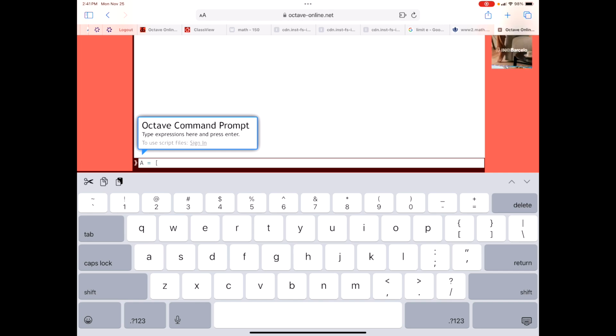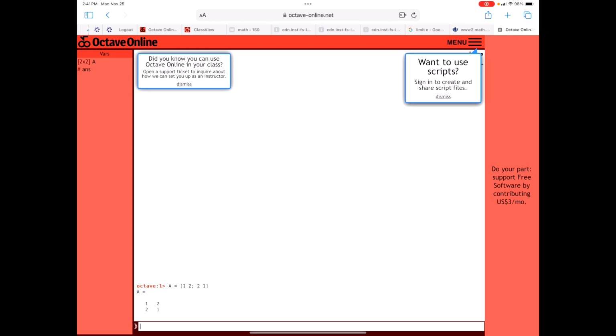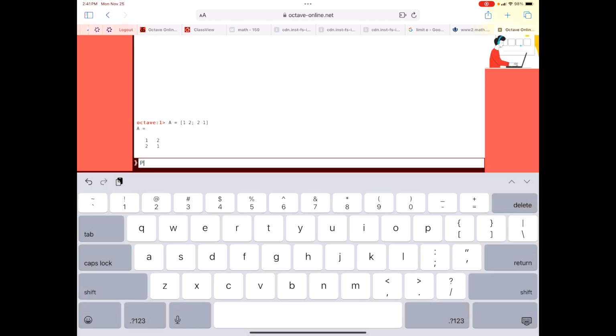So we had going across 1, 2, and then 2, 1, which you notice is symmetric. And then for P, we got, going across now, negative 1, 1, and then 1, 1.